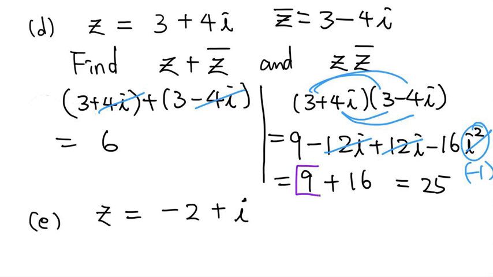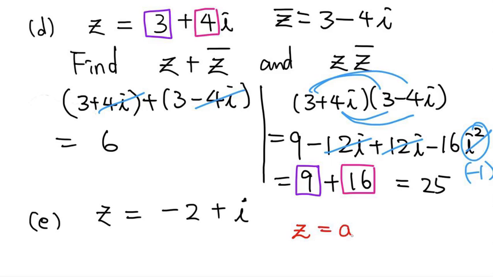So this 9 came from 3 times 3, which is 3 squared, and that 3 came from the real part of the complex number. And 16 came from 4 times 4, which is the square of the imaginary part. So here is the formula describing this property.